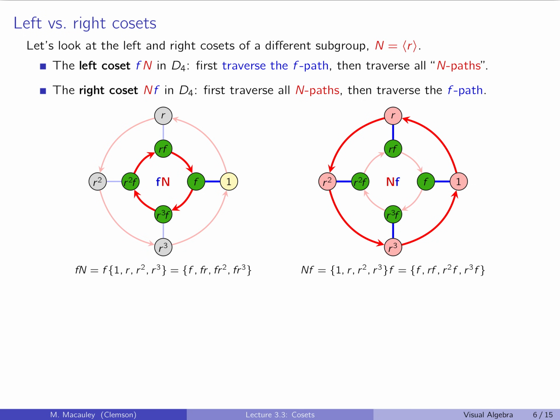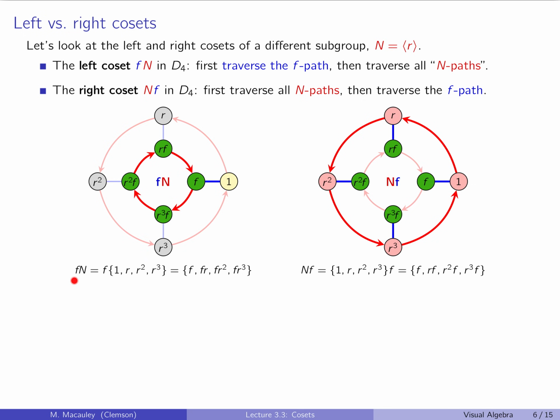In contrast, the right coset NF means first traverse all N paths, so first do those red arrows, and then from each node traverse the F path, and that leads us inward. And notice in this case we get the same 4 nodes. It's the 4 reflections.